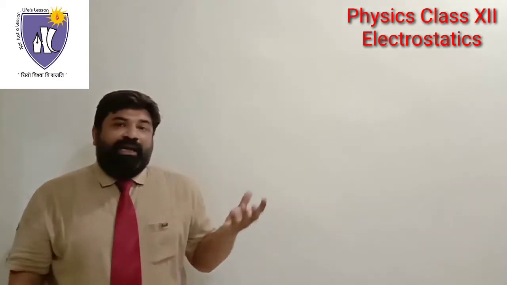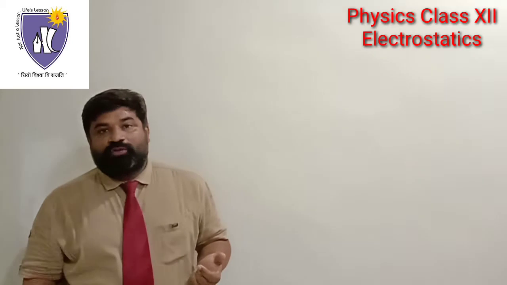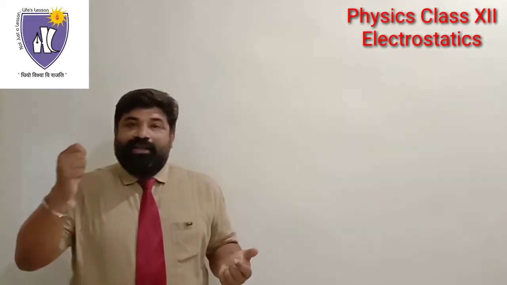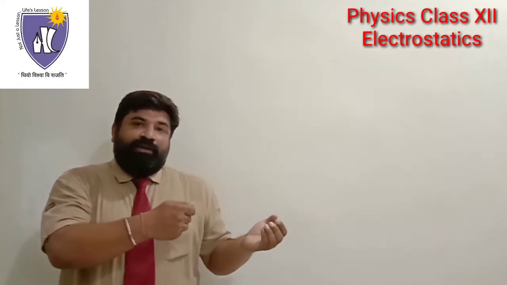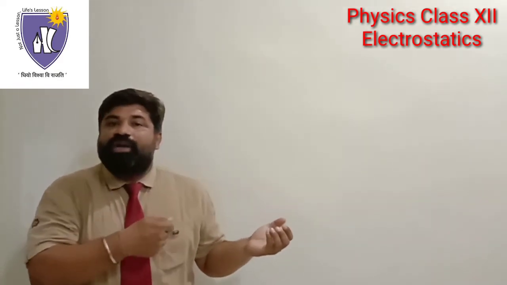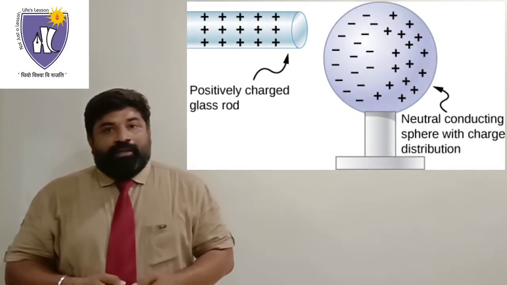Suppose I have an uncharged sphere and a charged glass rod. Now we know that the glass rod acquires a positive charge. If I take that positively charged glass rod in front of the uncharged sphere, as you can see in the diagram, then what happens?